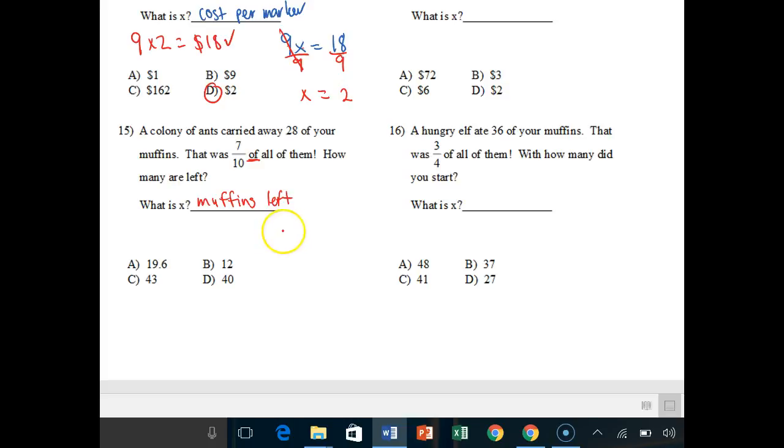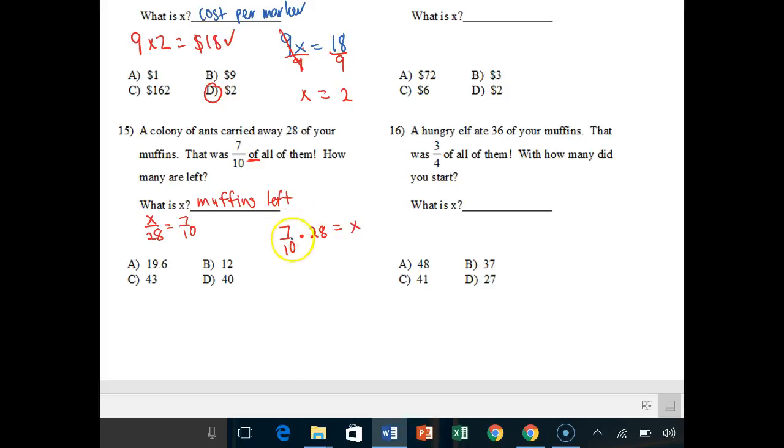There are a couple of ways you could write this. You could say 7/10 times 28 is equal to X. Another way is X over 28 is equal to 7/10. But let's just do it the simplest way, which is this one.